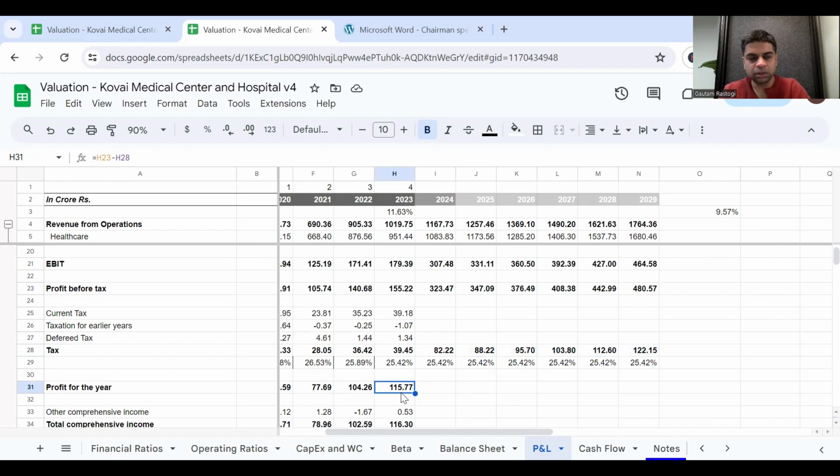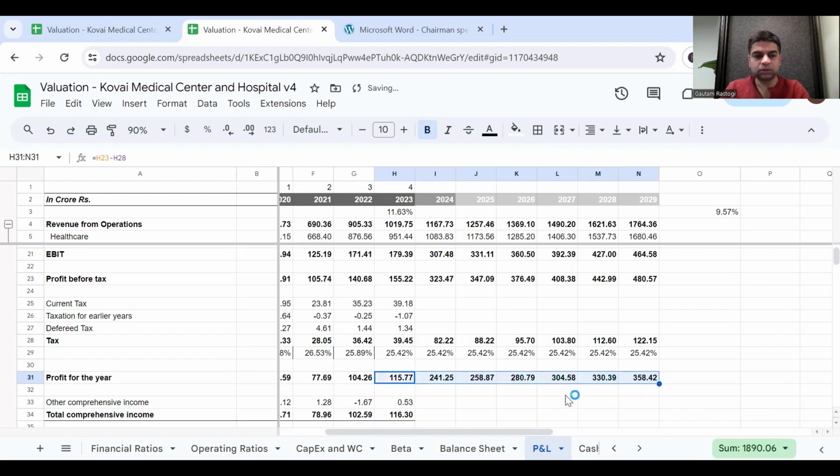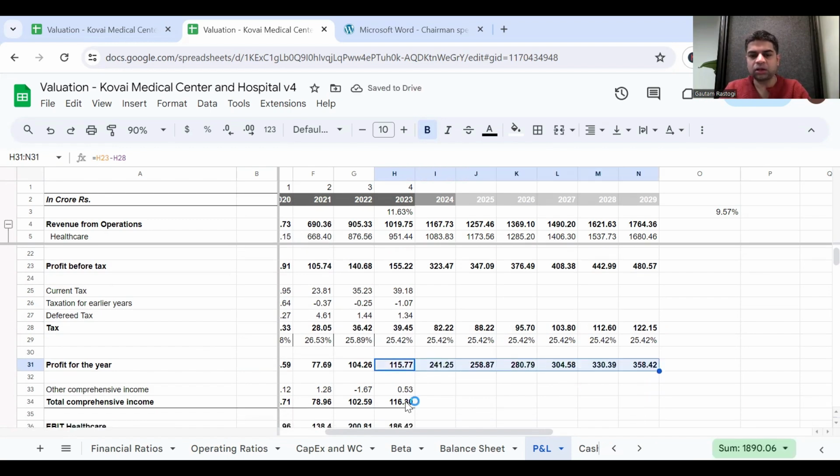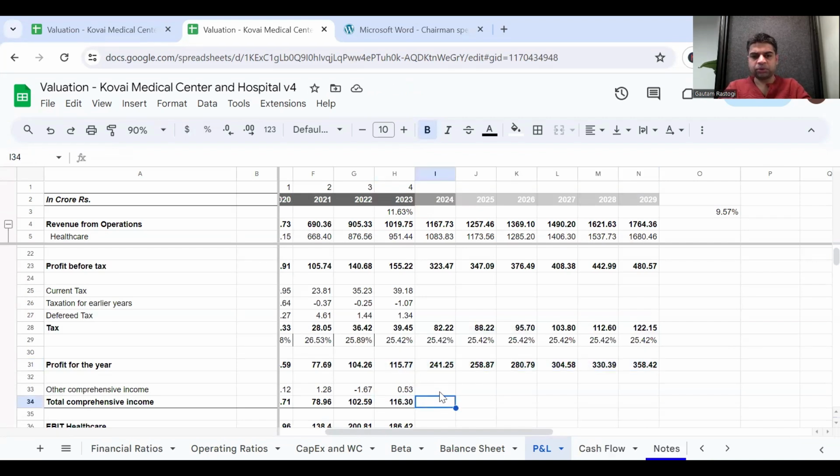Correct? And now the profit after tax is profit before tax minus tax. It's simple. Other comprehensive income is really the same, so I am not going to worry about it, which is like peanuts.